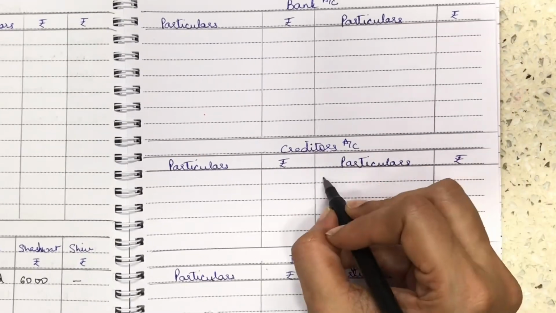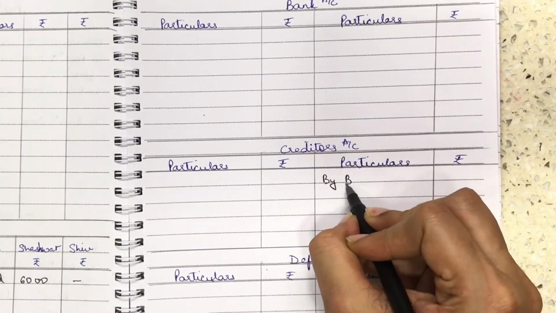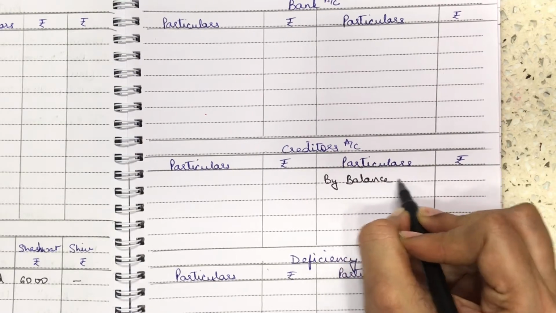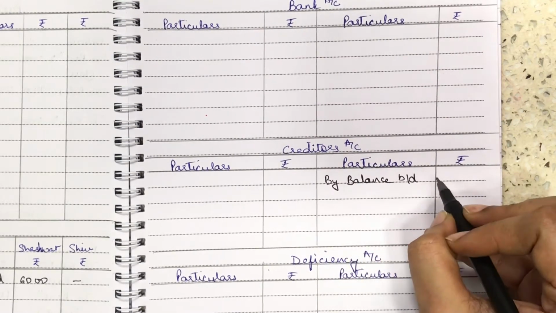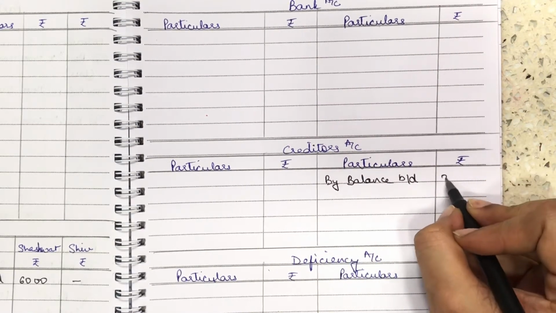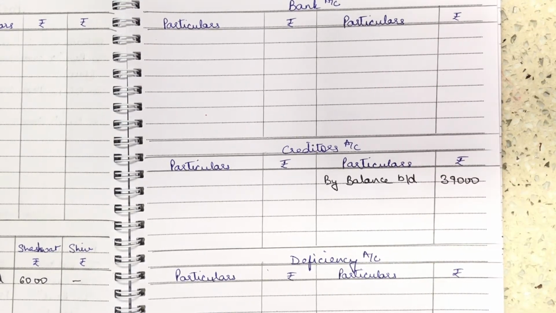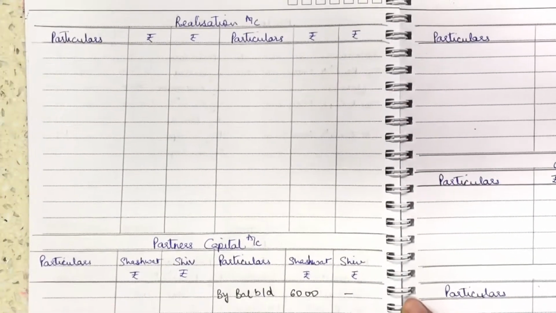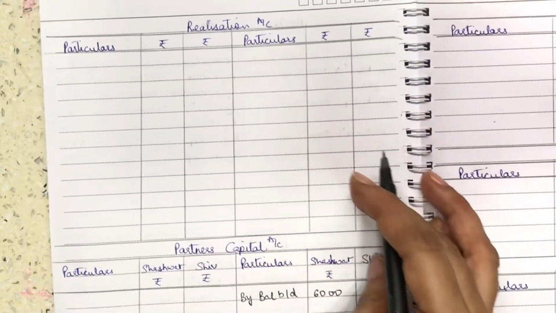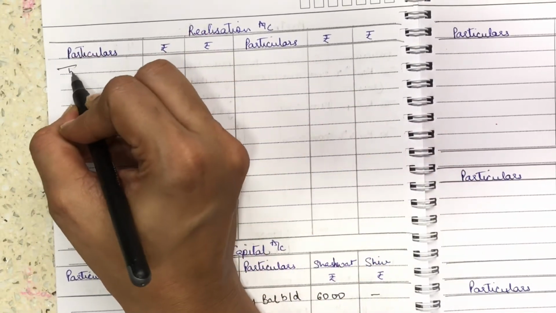And creditors, by balance brought down. How much is the creditors? 39,000. Done with the liability side. Let's move on to the asset side. Two assets.